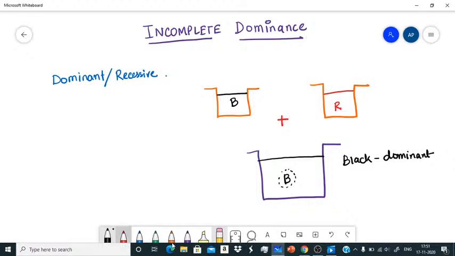So we were able to say that the red paint was somehow recessive. Can you recall this bucket theory that I tried to introduce as an analogy of dominant and recessive, right? Okay, is it understandable?